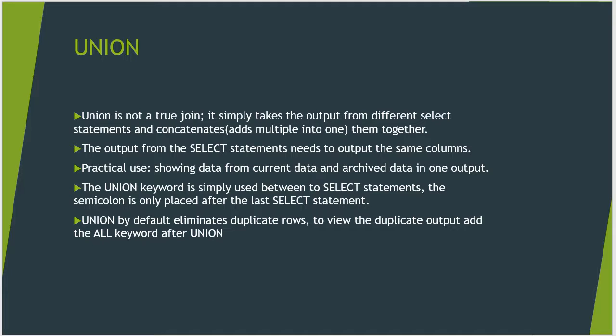The last portion of our chapter covers union. It's not really a true join because you're not joining tables together. You're just taking the output from one select statement and adding the results of another select statement together to form one long listing.